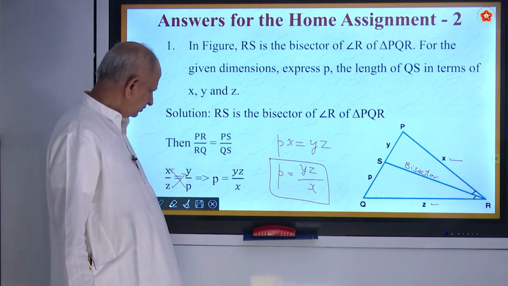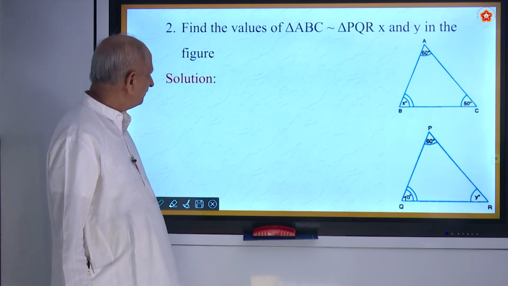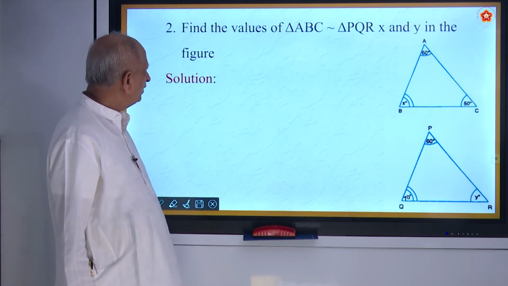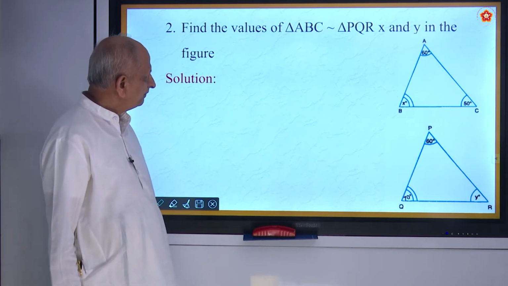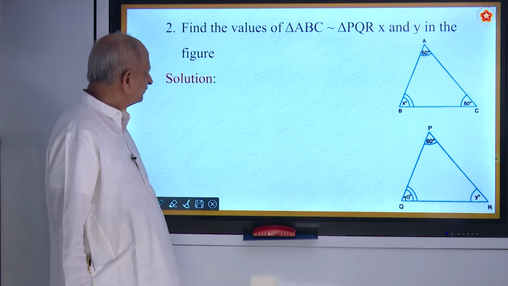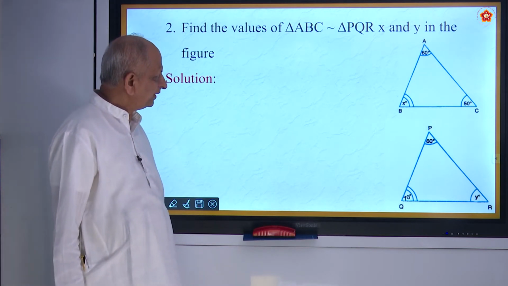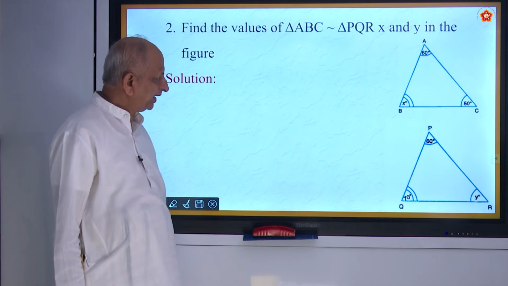Okay. Now we will pass on to the second sum. Find the values of X and Y if triangle ABC is similar to triangle PQR.